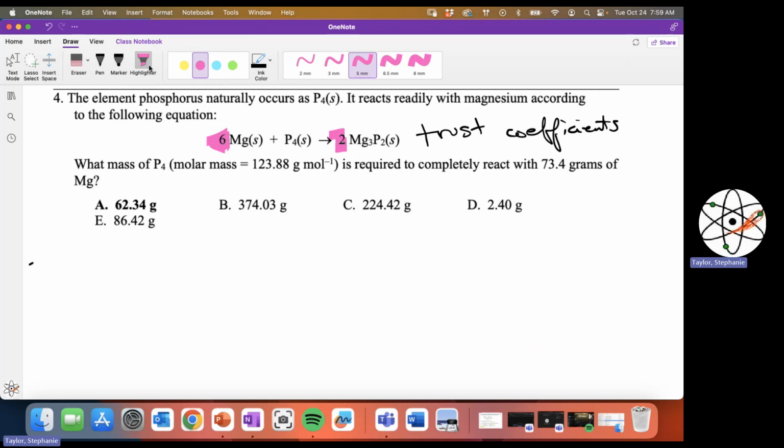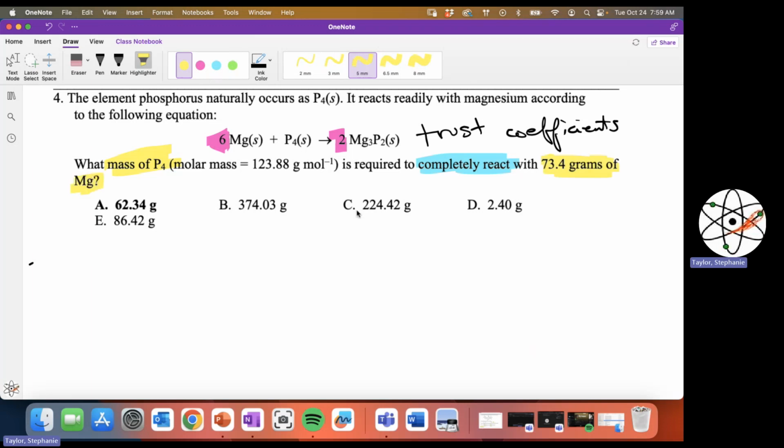The other wording that I want to pay attention to is that this is asking me about one of the reactants. So what mass? I am going to be in grams. To completely react with a certain amount of the other reactant.